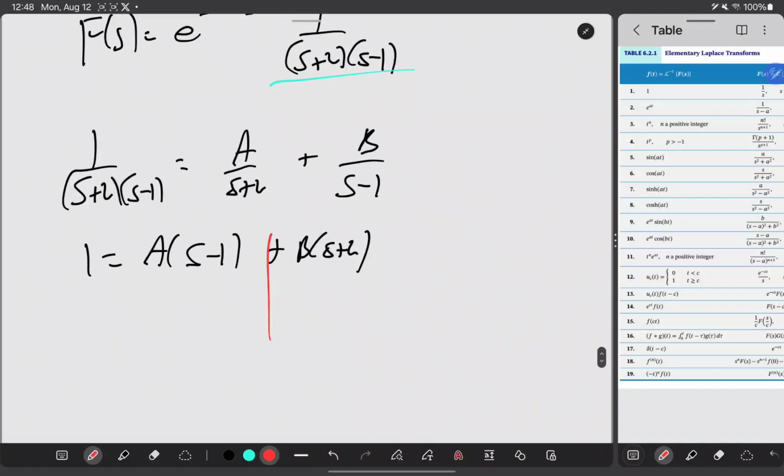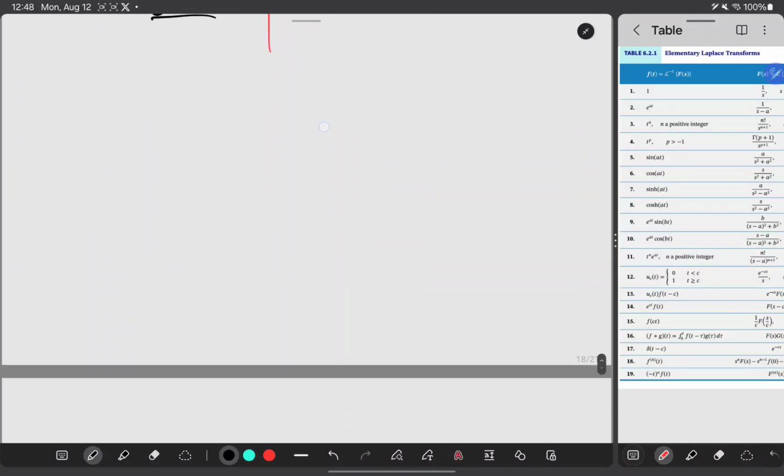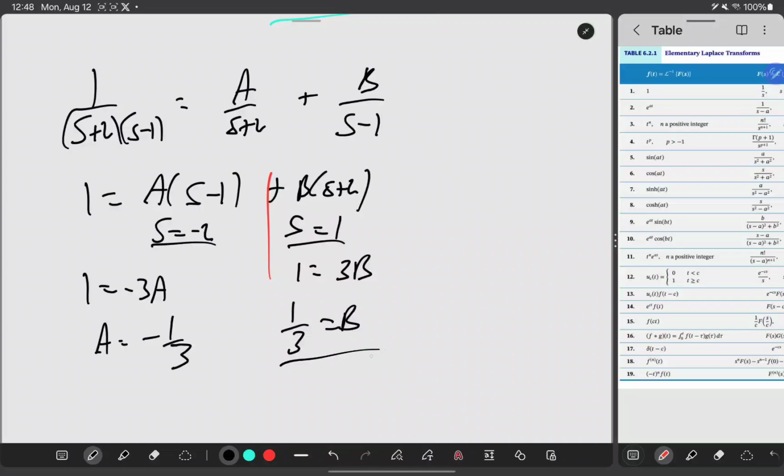I'm just going to use a shortcut for this one. If s is equal to negative 2, we're left with 1 is equal to negative 3a. a is equal to negative 1/3. If s is equal to 1, 1 is equal to 3b, meaning 1/3 is equal to b.